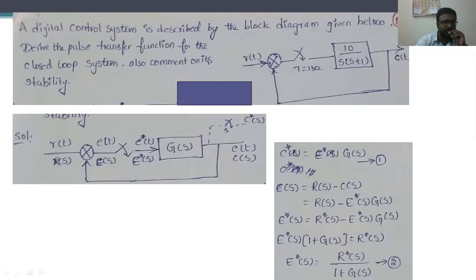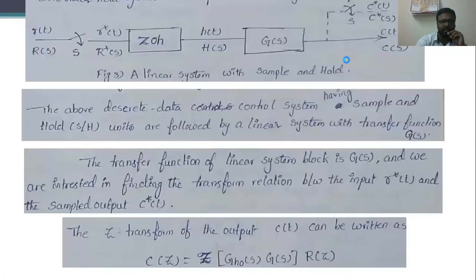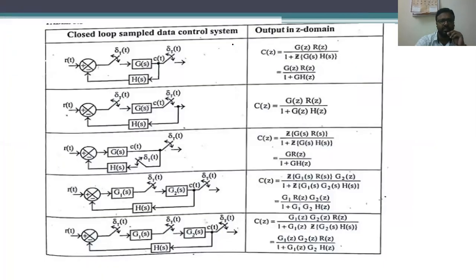In the previous class, I showed how to take the final expression of C of Z divided by R of Z for different models. I showed a table for the representation of C of Z divided by R of Z for closed loop sampled control systems. After choosing a particular block diagram, we can frame the expression C of Z divided by R of Z.